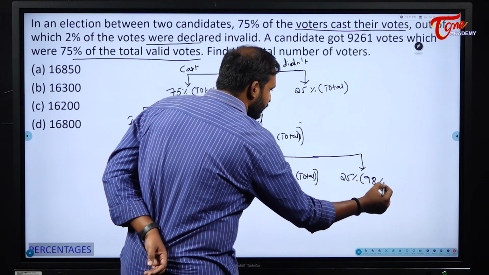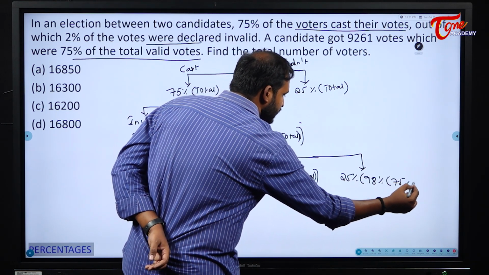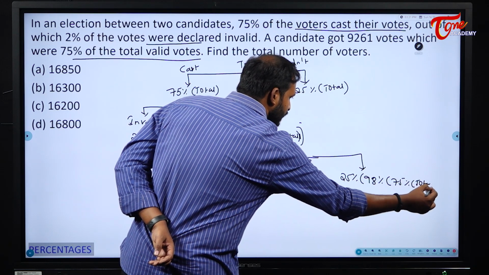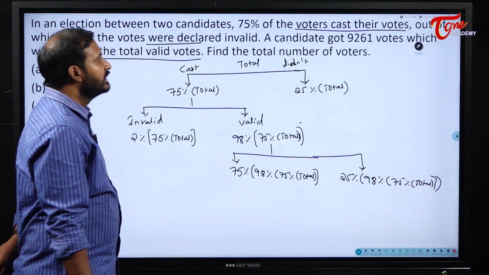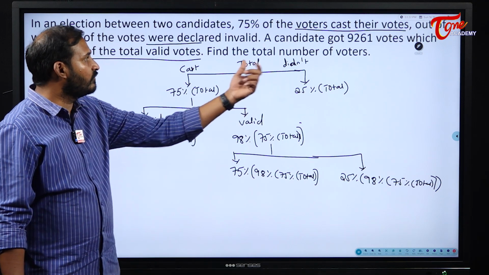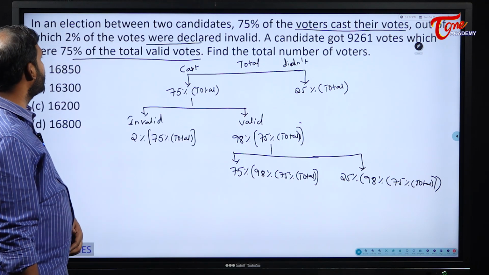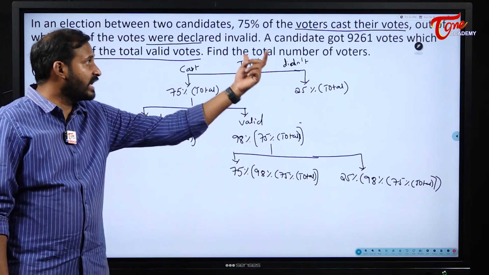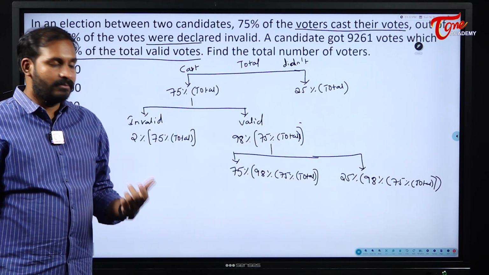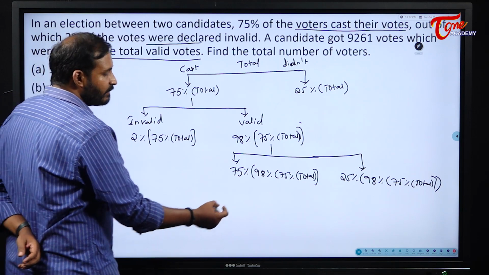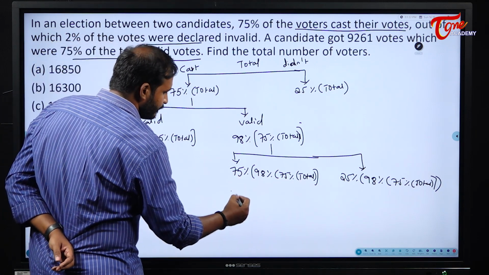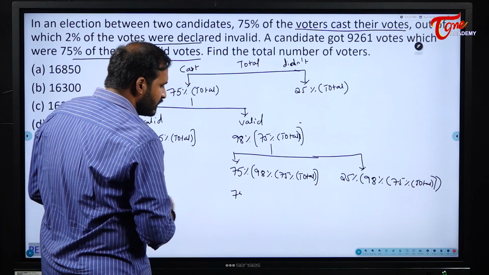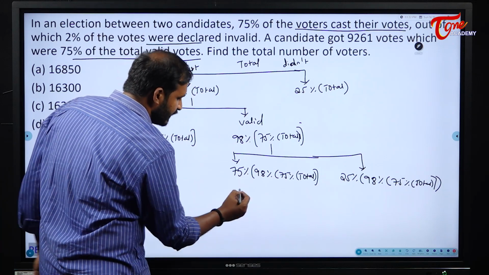That is 25% of 98% of 75% of total. And here they have given us this value equal to what? 9261. Find the total number of voters. Okay. He has given us this value and they are asking us to find the total number of voters here. So now what happens to this one? This value. 75% means what? Directly, if you were able to write it directly.